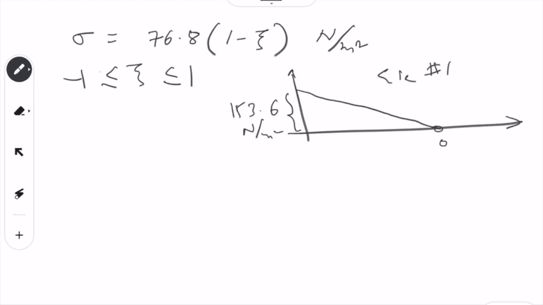Similarly, you can have it in element number 2. Element number 2, we have a similar thing.